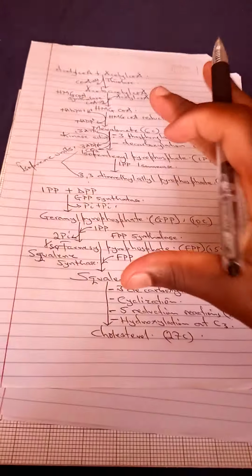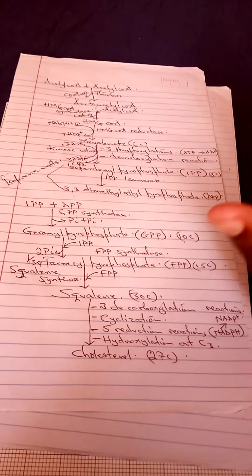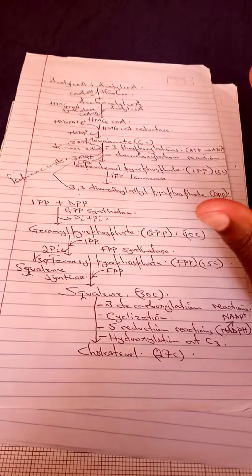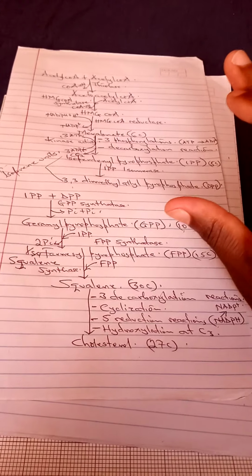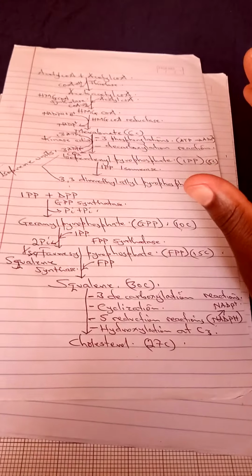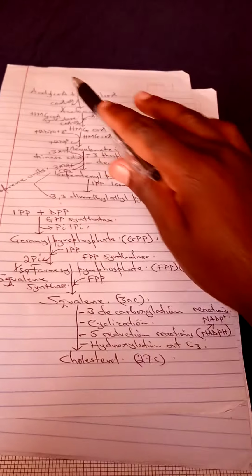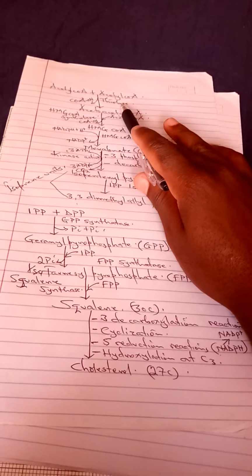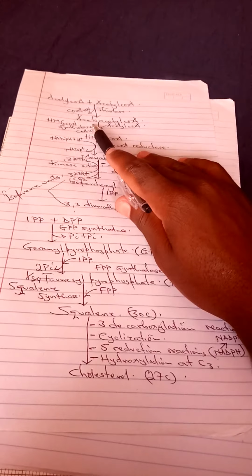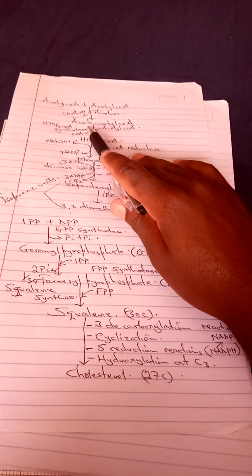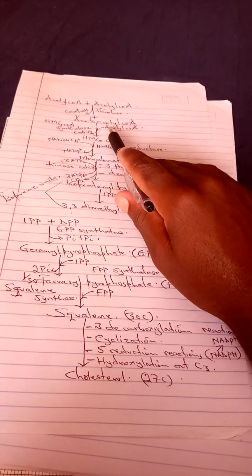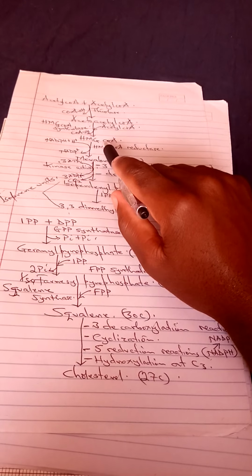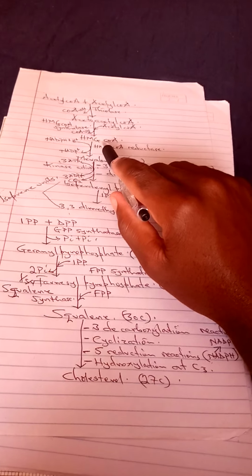This is the pathway which I feel is very easy to understand, and different books will give different things, but this is what I find easiest to understand. You get 2 acetyl-CoA molecules and fuse them using a thiolase enzyme to get acetoacetyl-CoA. Then fuse another acetyl-CoA molecule to the reaction by HMG-CoA synthase, and you form HMG-CoA.